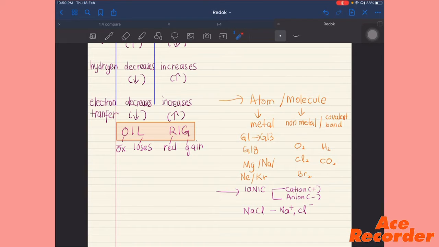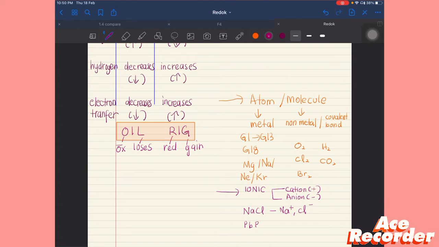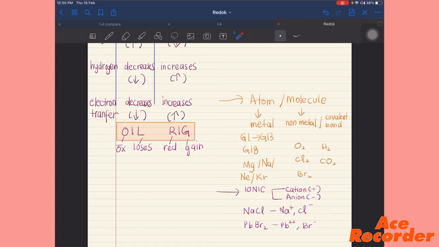So maybe I give you another example. Lead bromide. So what is the cation? Pb2+. What is the anion? Br-. So make sure when you write the electron transfer method, you know two rules.